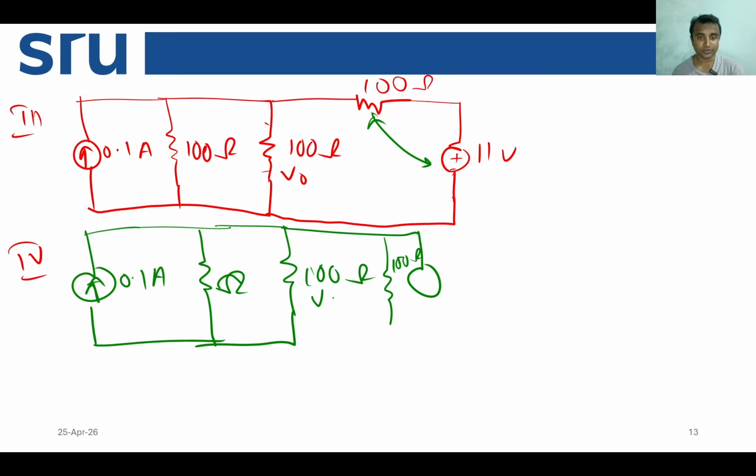So this is the V0. So this 100 ohm is this 100 ohm. Now with this transformation, this 100 ohm comes at this part. Okay. So this is 11 volt.